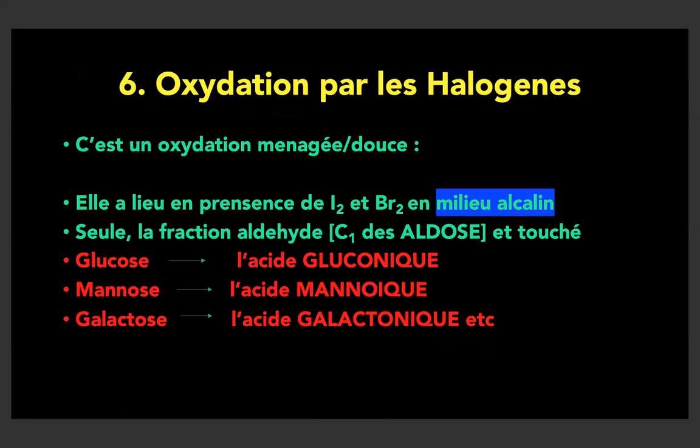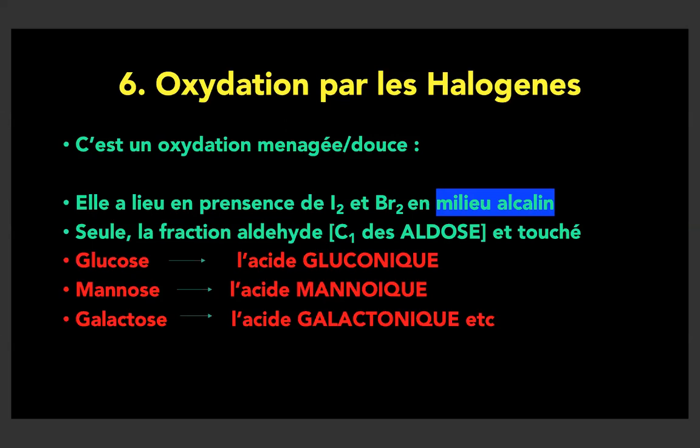So we're talking about oxidation par les halogènes. Was this part clear, or should I repeat? Okay, so we are saying oxidation par les halogènes. It's an oxidation that is very soft, a calm oxidation.